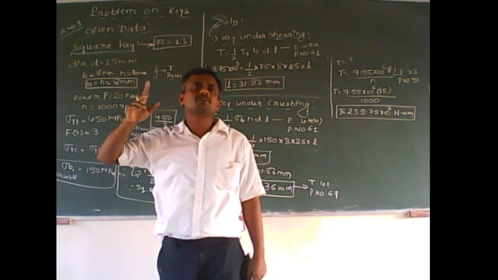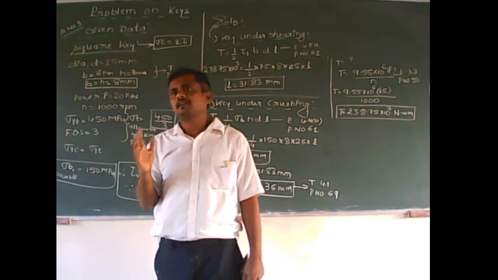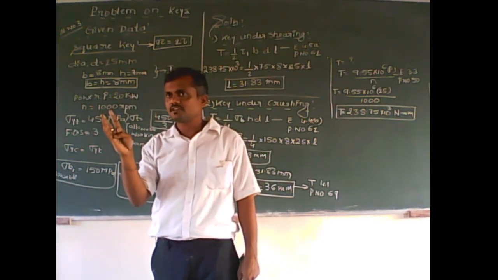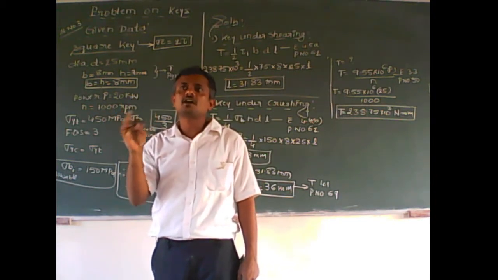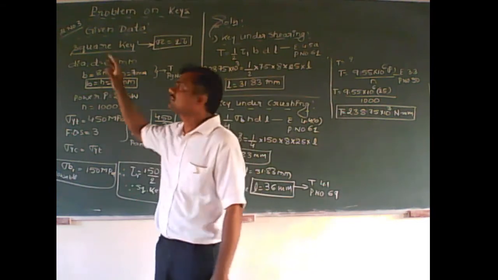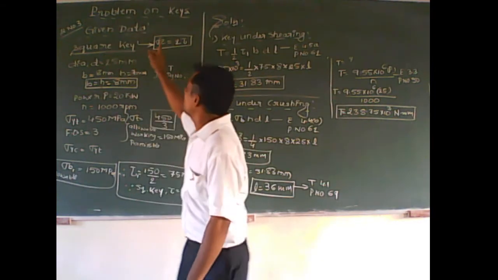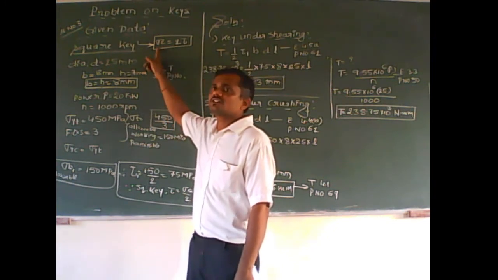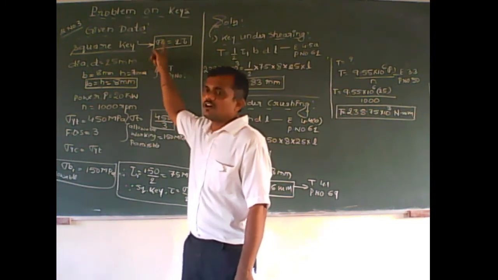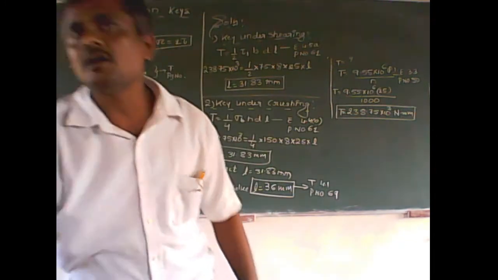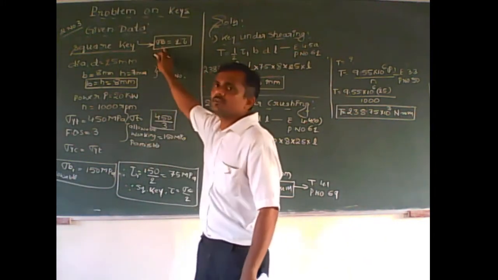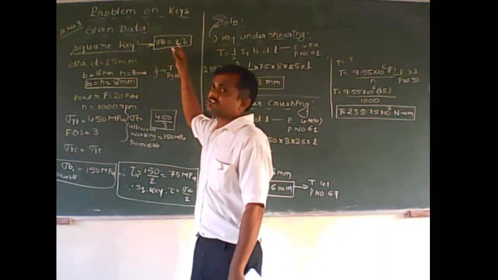In the previous video, we solved a rectangular key where shear stress of a key and crushing stress of a key are different. Whereas in square key, you have to remember this relationship: crushing stress, or we can take it as sigma b, in the data book should be equal to 2 times shear stress.